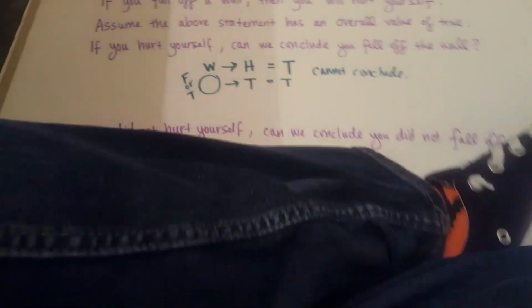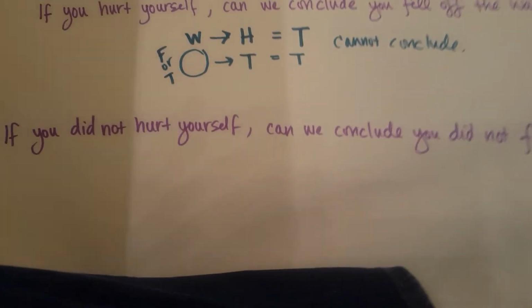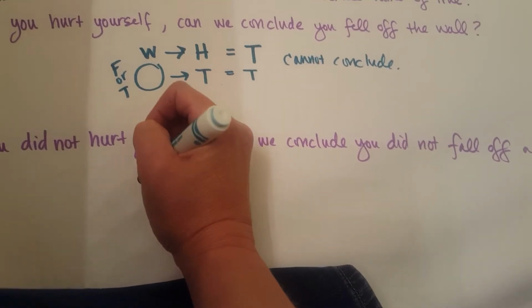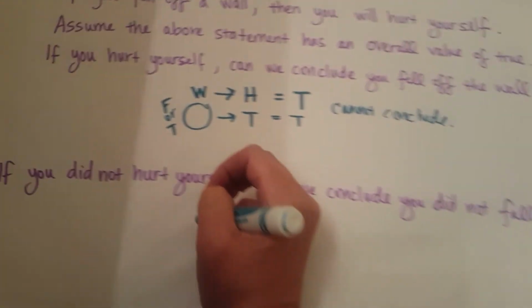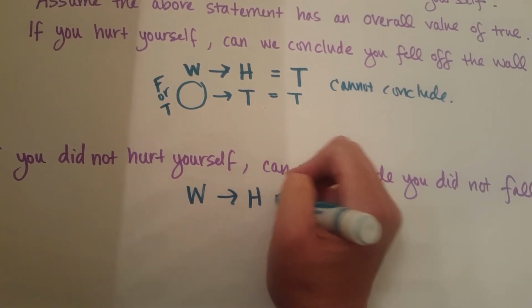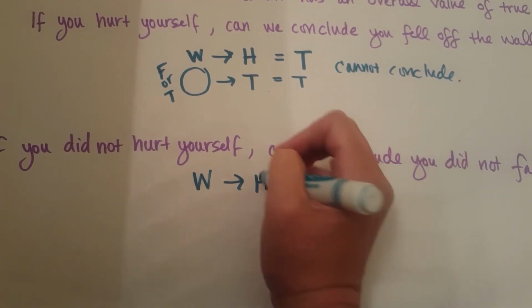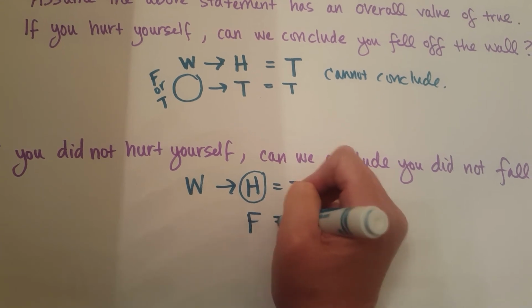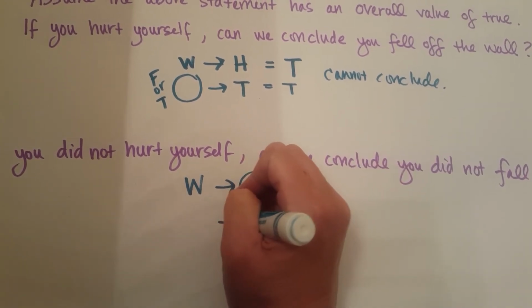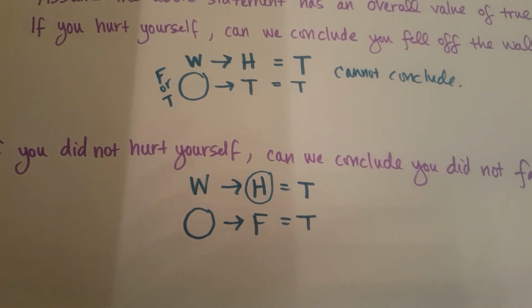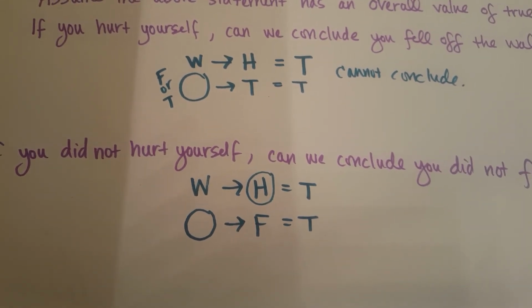All right, so let's try it again. If you did not hurt yourself, can we conclude you did not fall off a wall? So again, we still have W then H equals true. It's saying that I did not hurt myself, so this isn't true, it's false. So the question is, does that first part have to be true or false?